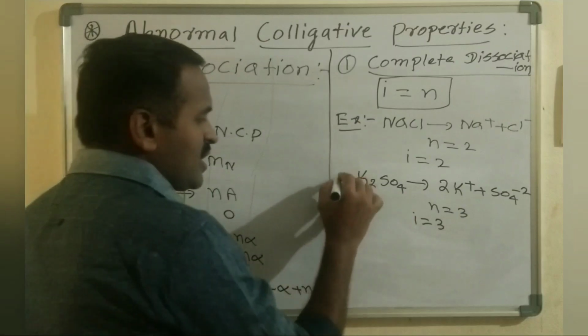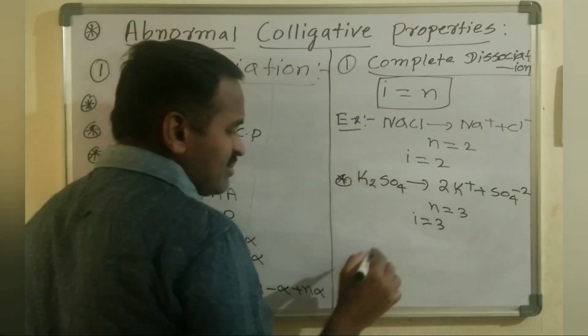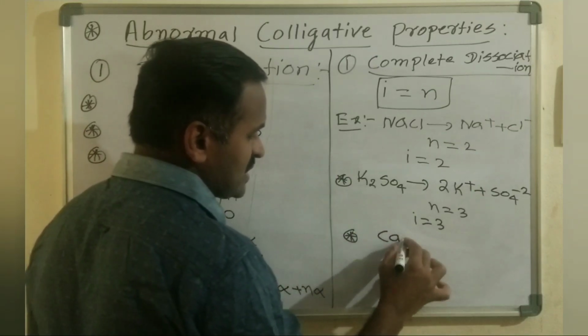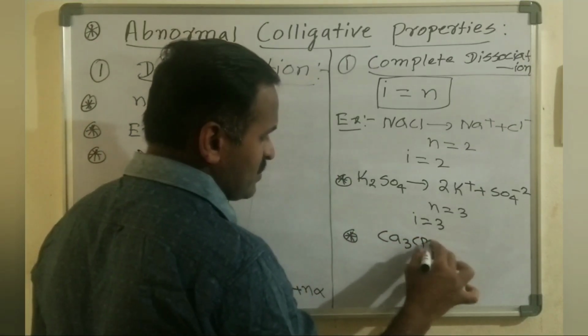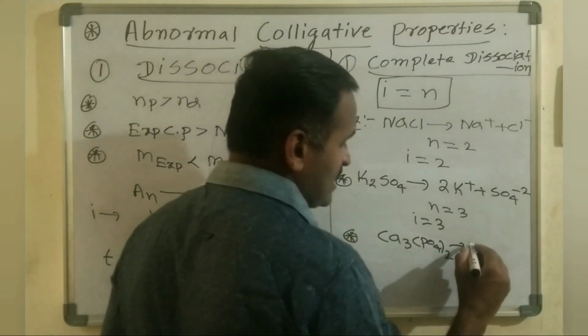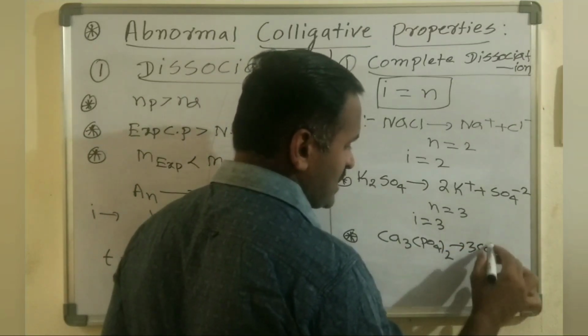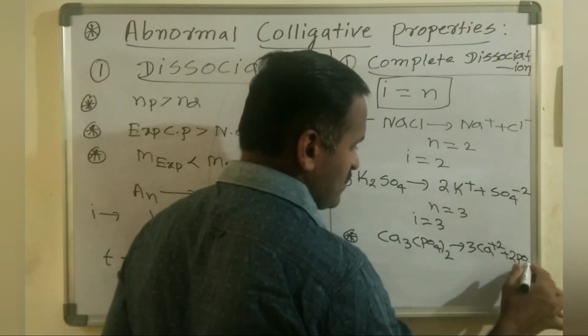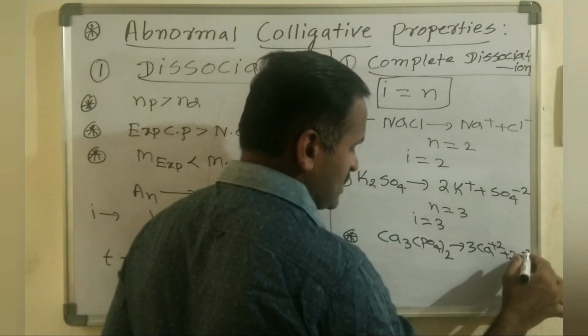Another example is calcium phosphate, Ca3(PO4)2. It dissociates into 3 moles of Ca plus 2 and 2 moles of PO4 minus 3.